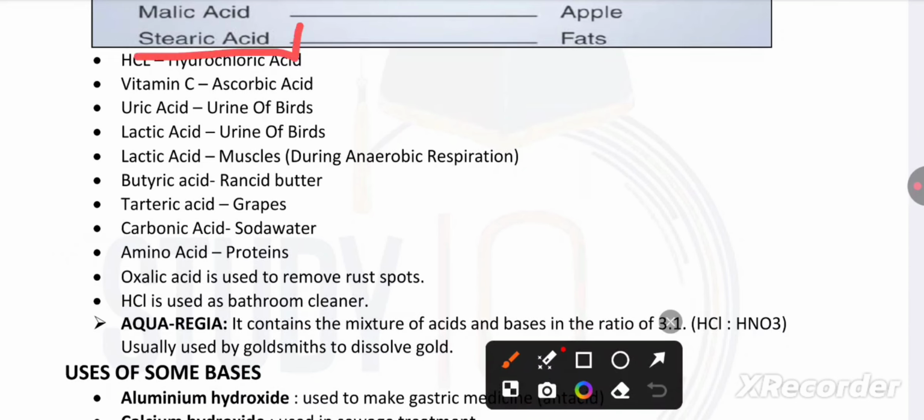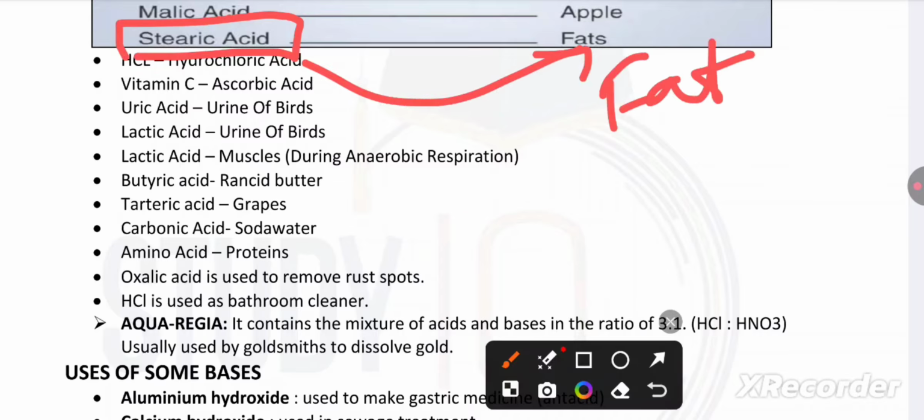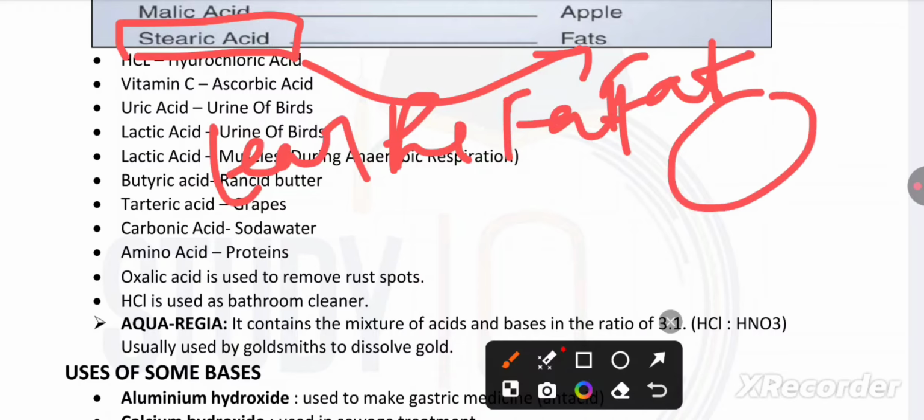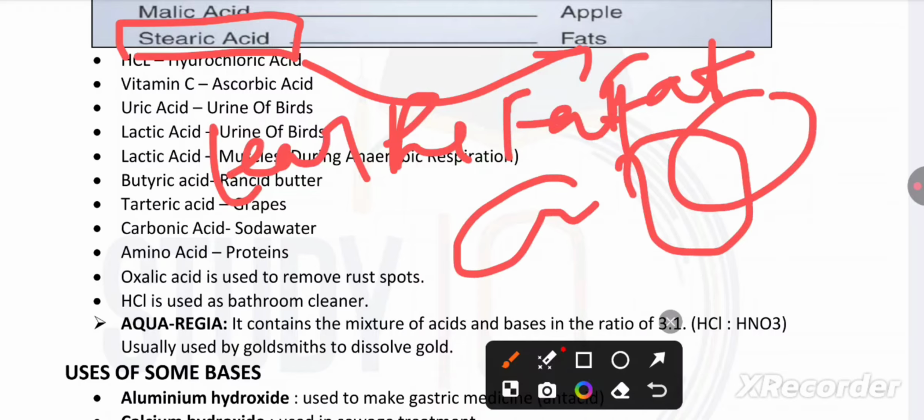Stearic acid, very important. Stearic acid, fat. For a shortcut, we can tear the fat. This is fat, we can easily tear it. Stearic, tear, fat.